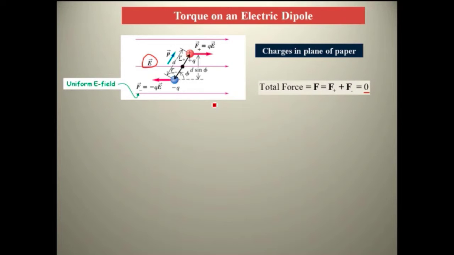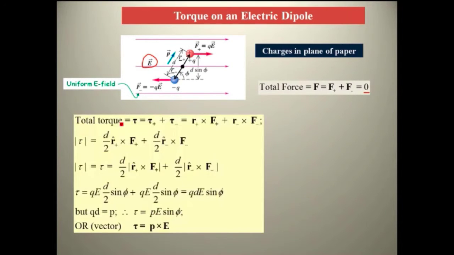But now let's look at the torque in terms of the distance vectors from the origin. You may recall that the torque due to a force on a set of objects is given by a cross product between the vector connecting the rotational axis to the object, crossed into the force. The two terms then are basically r plus cross F plus and r minus cross F minus.